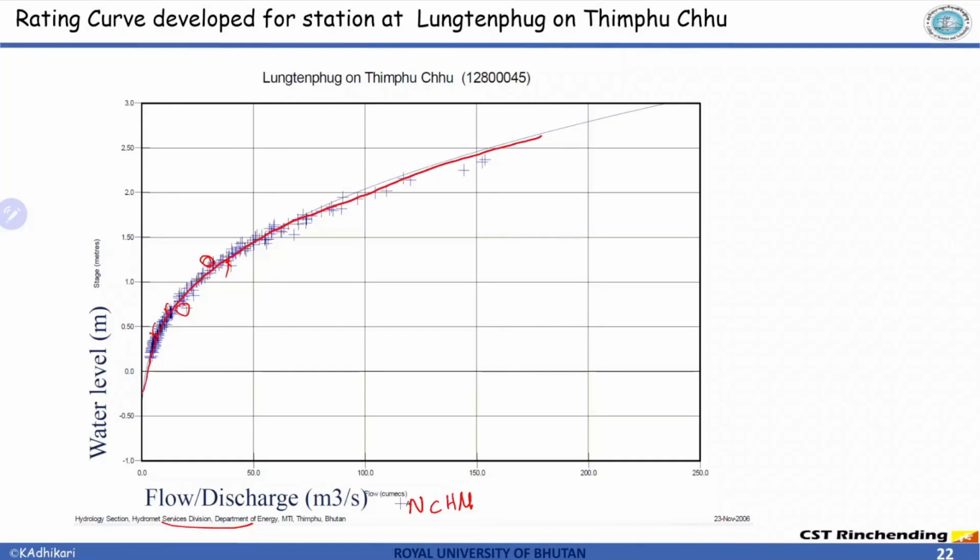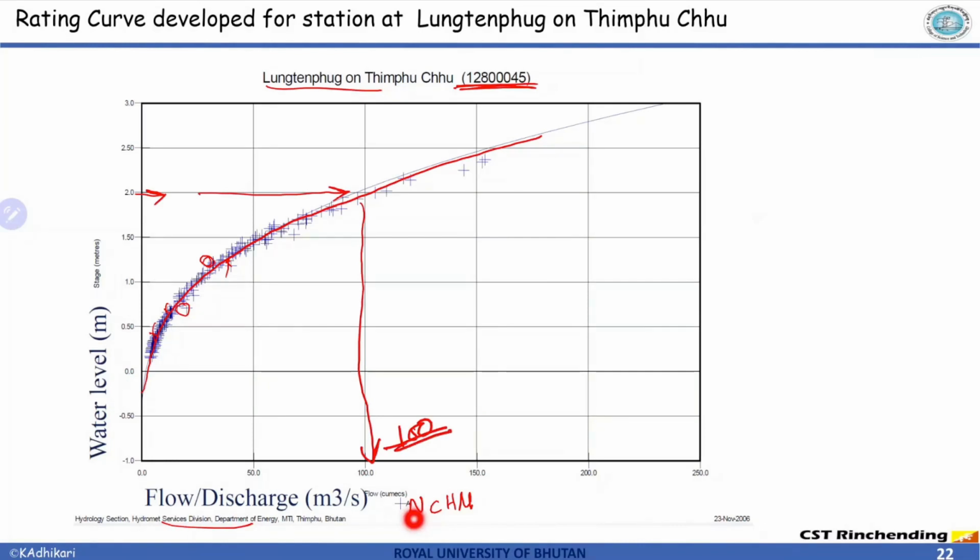Now once this rating curve is established for a particular section, for example Lung Te Pho, with its gauging station ID, the next thing is, if we go to the river right now and measure the depth, and let's say that it is 2 meters, we can immediately tell that the discharge at that section is 100.